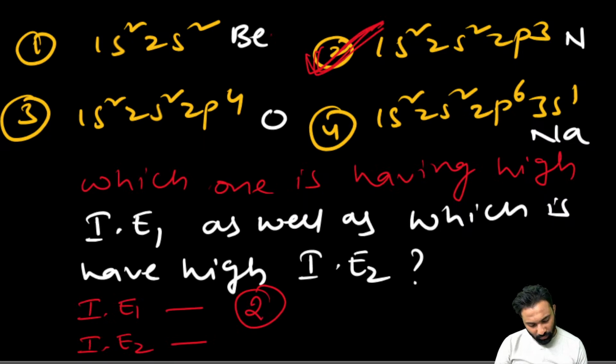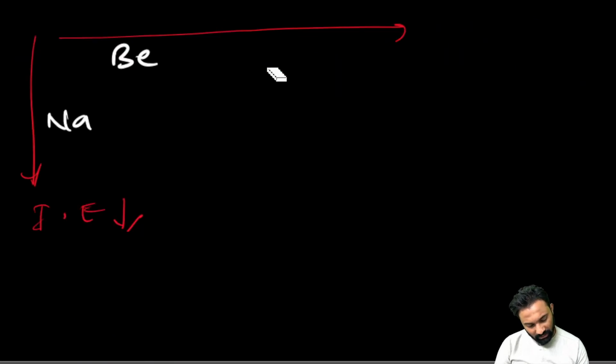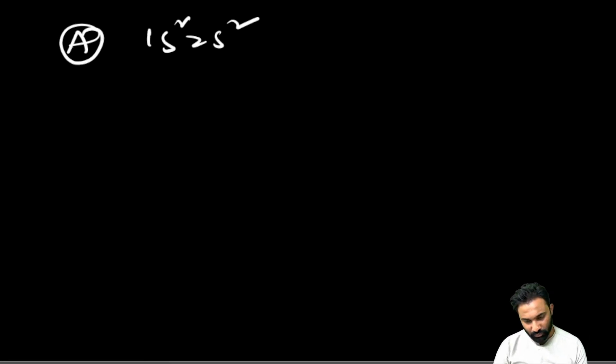Then IE2, we'll see. What electronic configurations have they given for the IE2? First one, this is A: 1s2, 2s2. After removing one electron, it becomes 1s2, 2s1, the lithium configuration.